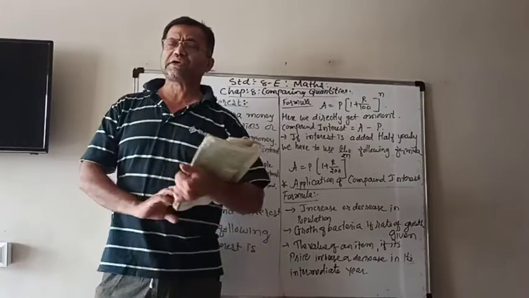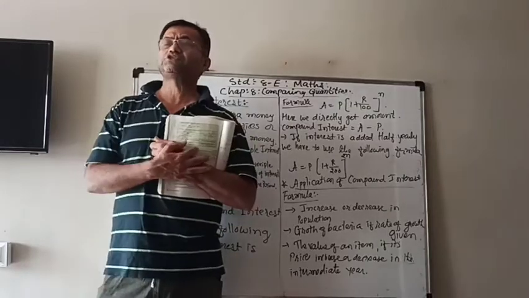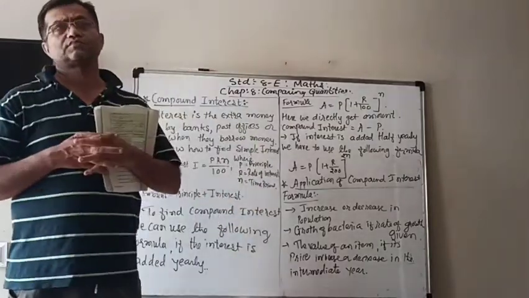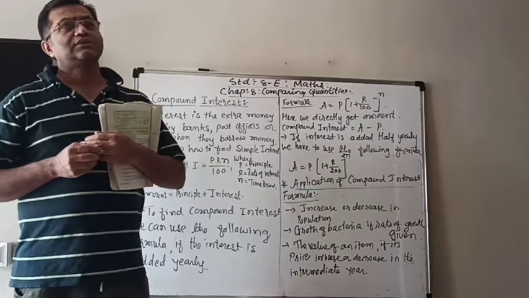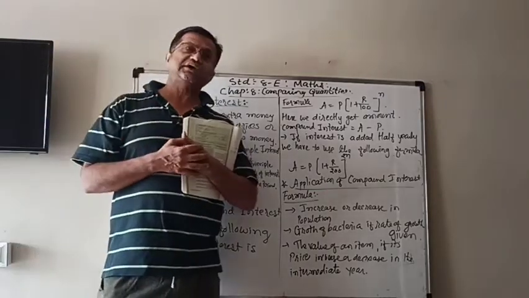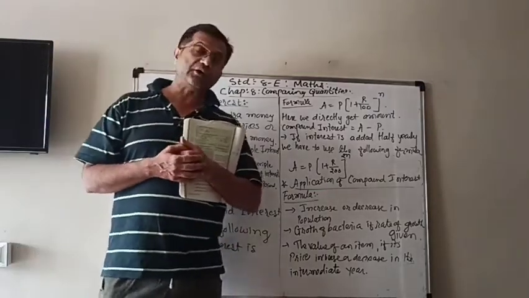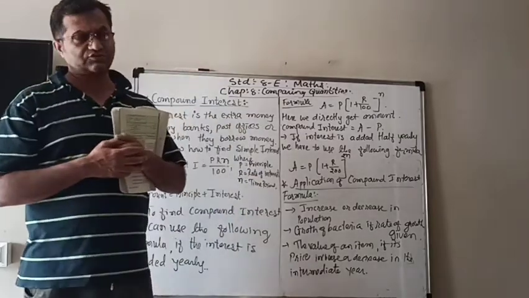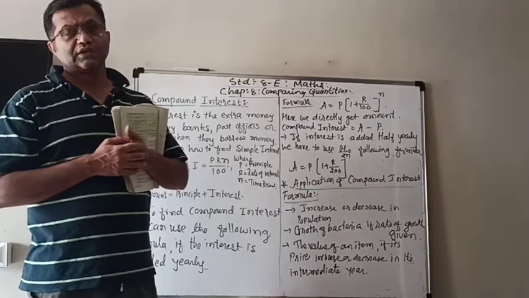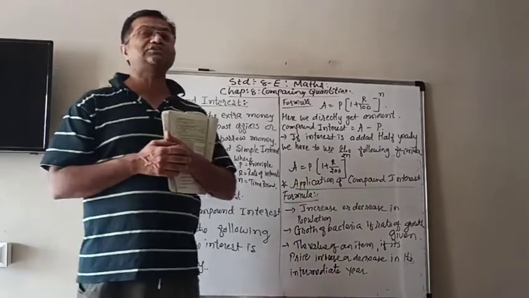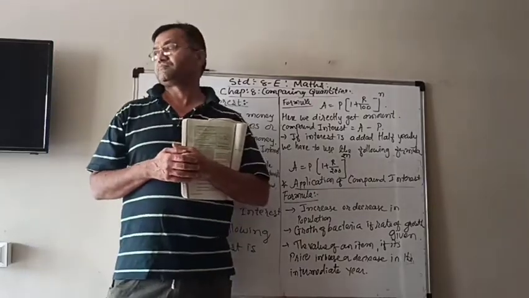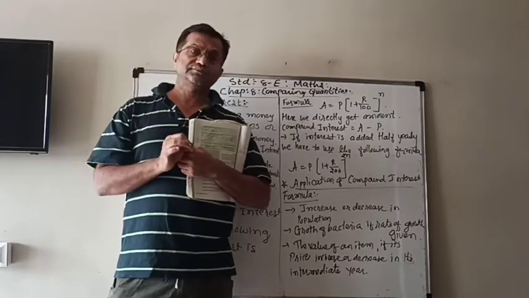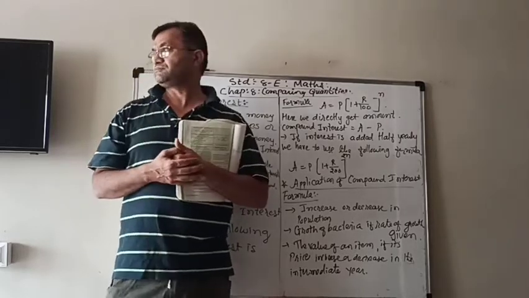So interest can be counted by two methods. First is the simple interest and the other is the compound interest. In simple interest, the interest is counted only at the end of the time of the deposit.